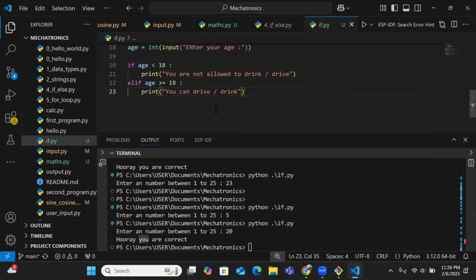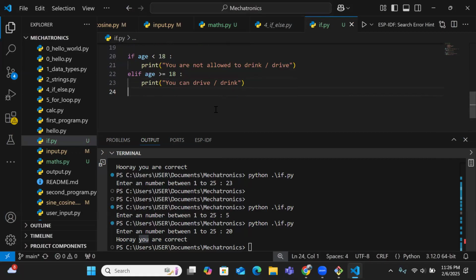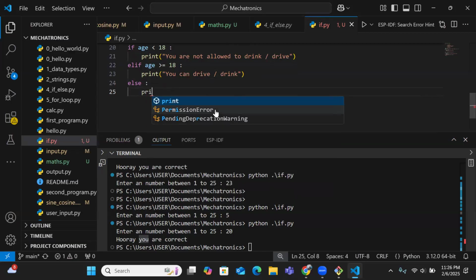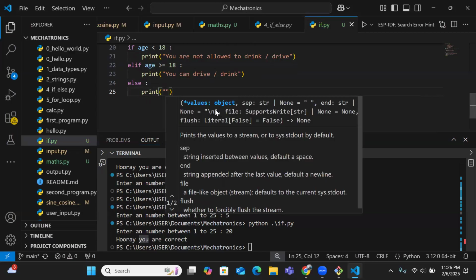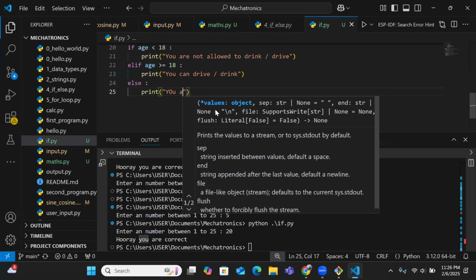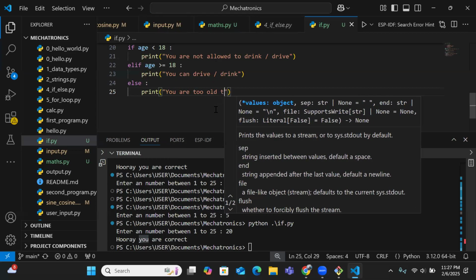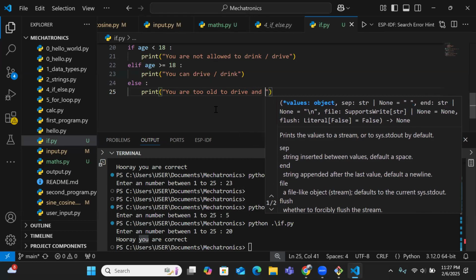Can you see that? Yeah. Then we say else, if your age is greater than 18 or is greater than 70, let's say they want to make it difficult for older people, else you are too old to drive and drink.